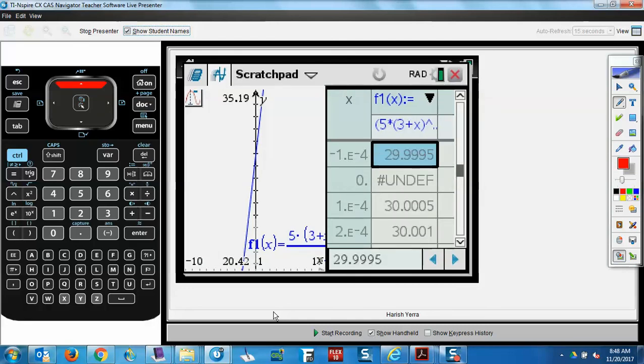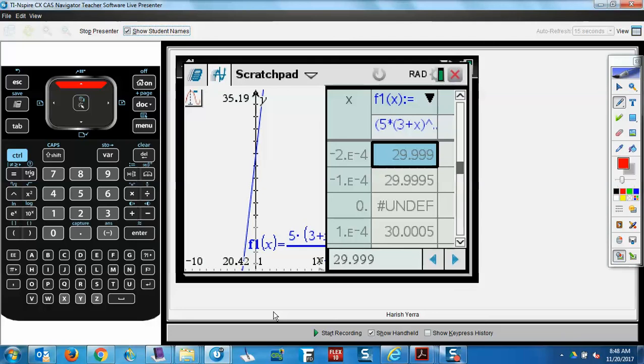Now arrow up a couple. This is just scientific notation here. You can usually see 2 on one side and 1 on the other. We don't care that it's undefined there. But clearly there's evidence that says our limit is 30. On your paper, I would rather you not write this notation.